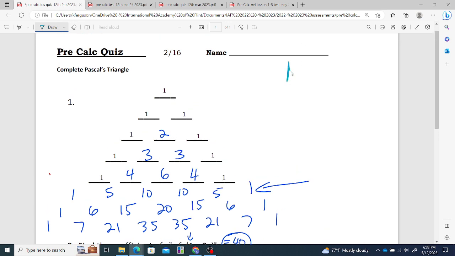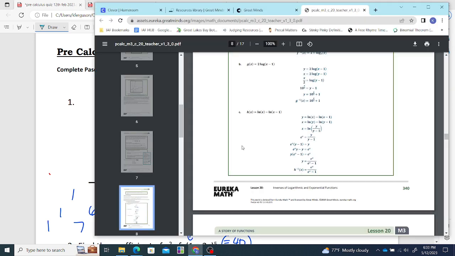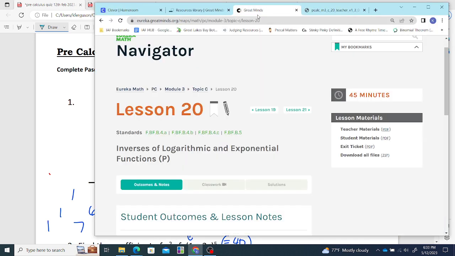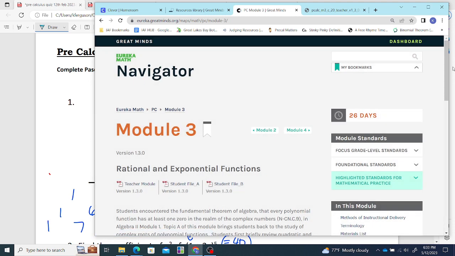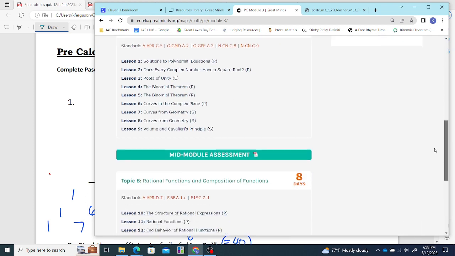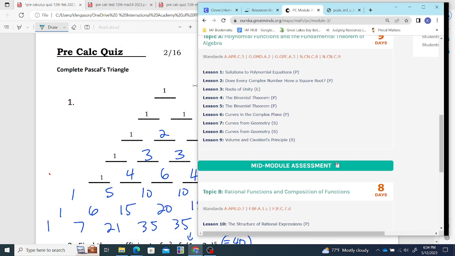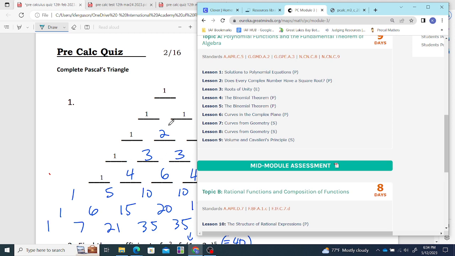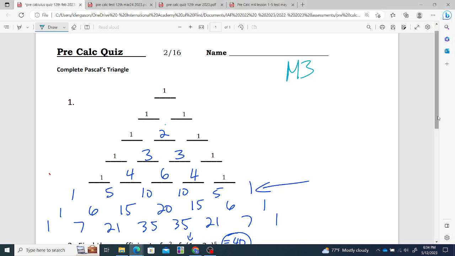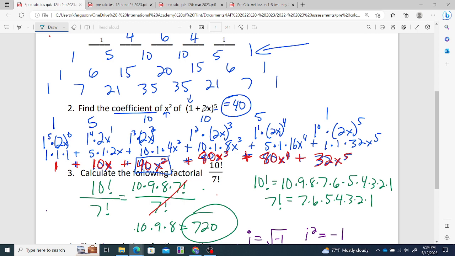Now this, I believe, was module 3. So next, I want to go back to that. All right, so module 3. So see, binomial theorem was talking about Pascal's triangle and multiplying to get what coefficient.